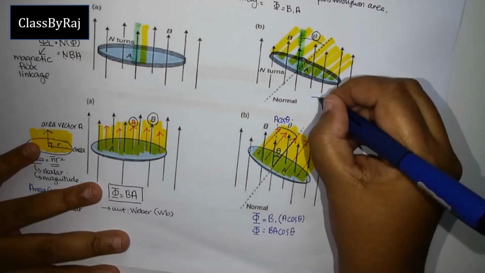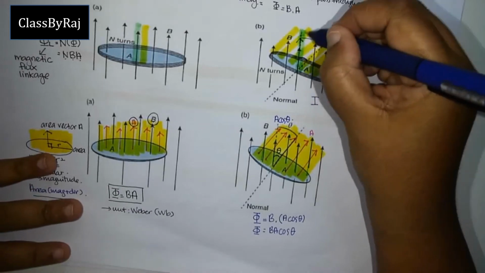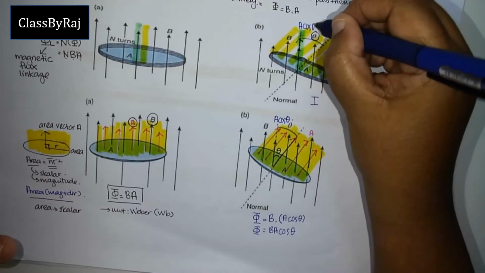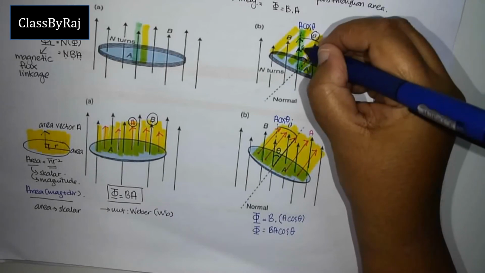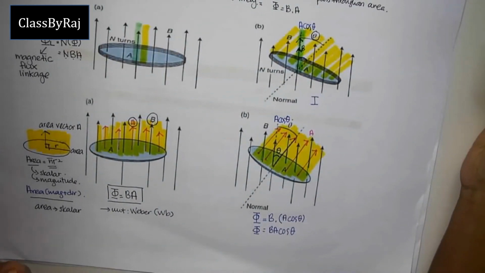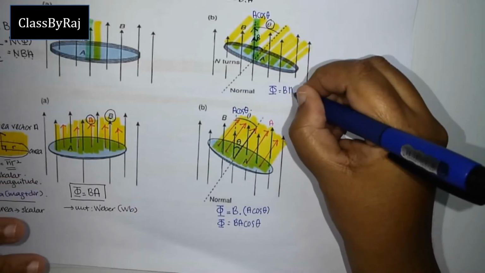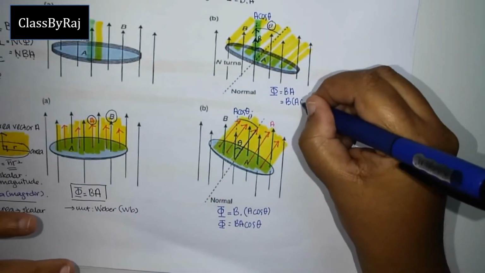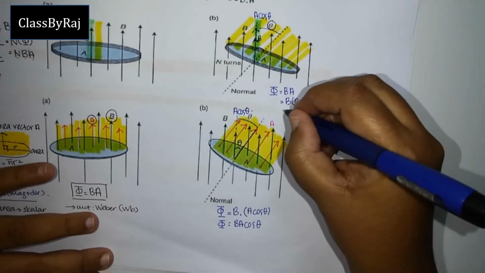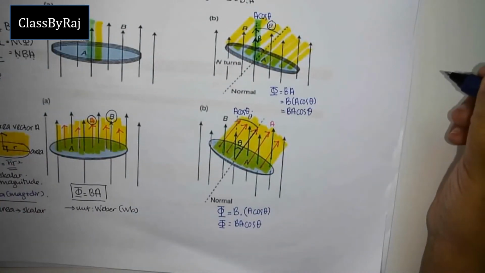So for phi, why do we take cos theta? Because A cos theta is the component that is normal to B, since B is in this direction. So phi equals B times A cos theta, that is BA cos theta for one turn.